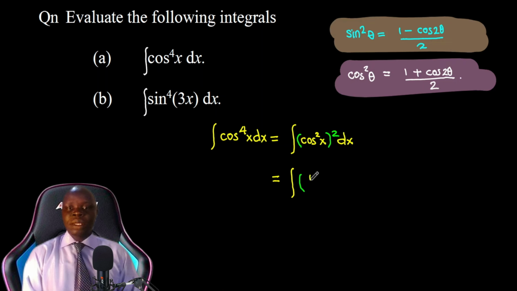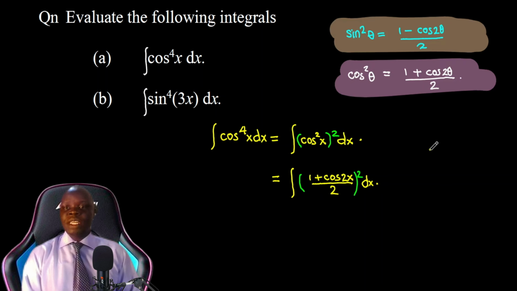1 plus cosine of 2x, since we're integrating with respect to x, and everything is over 2. Now we can close this, then raise this to power 2, with respect to x. After this, we can distribute this power to both the numerator and the denominator.